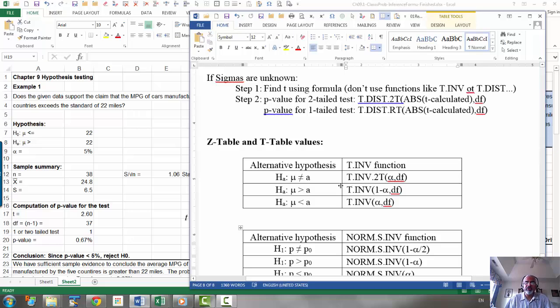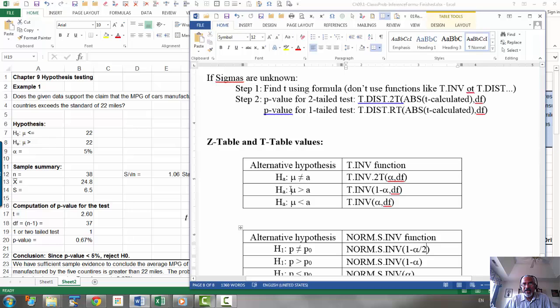T.inv function will give us the t-table value, and there are two versions. T.inv.2t will always give the two-tailed t value on the upper half. So you shouldn't divide alpha by 2. T.inv.2t will take the alpha, divide it by half, and give you the top half t-table value.